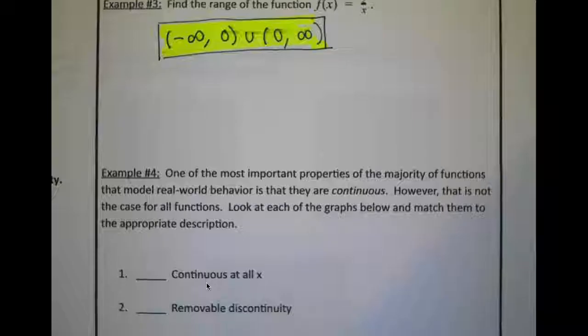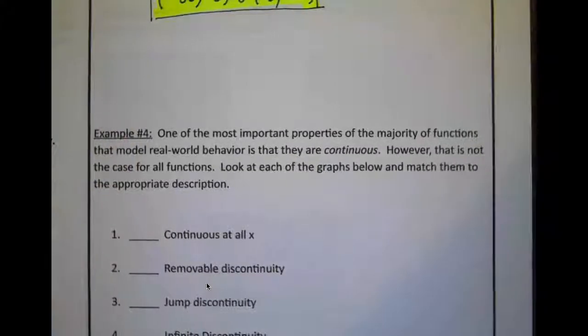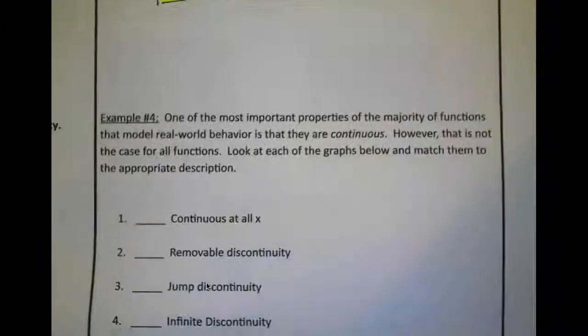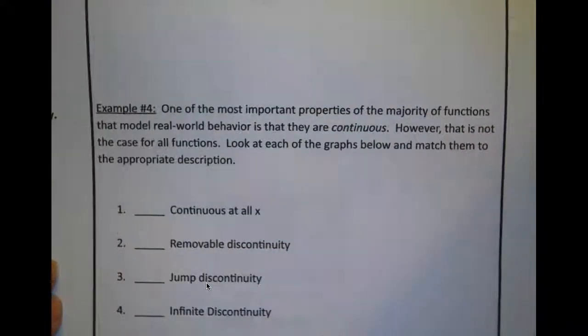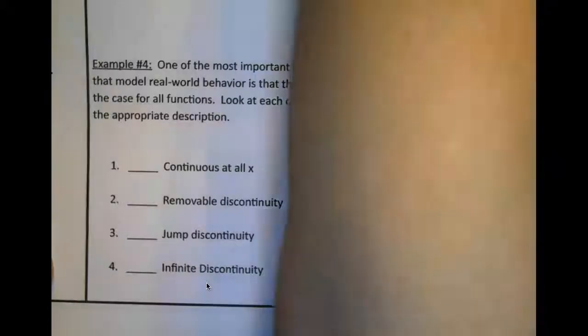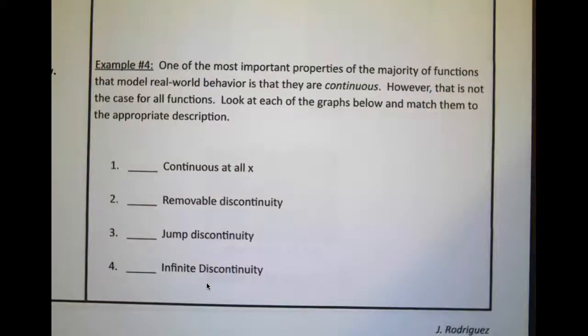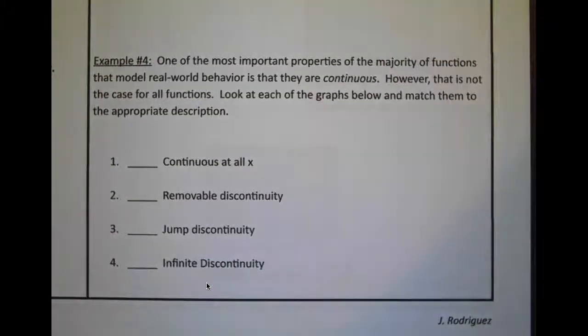Okay, example number 4. One of the most important properties of the majority of functions that model real-world behavior is that they are continuous. However, that is not the case for all functions. Look at each of the graphs below, it's actually on the next page, and match them to the appropriate description.